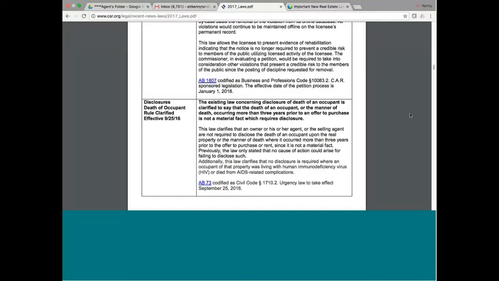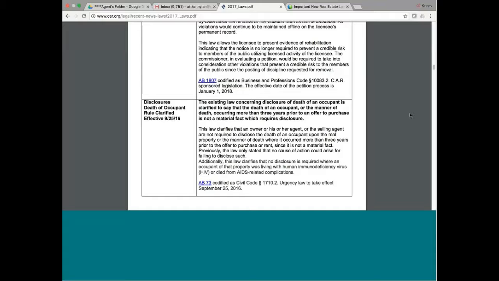And the reason why you could not be sued is because it is not a material fact. It is absolutely clear. Whereas previously, nobody knows why the law says you could not be sued. We can kind of imply why. The reason you could not be sued previously for not disclosing death that is greater than 3 years is because it's not a material fact. But before, it wasn't explicit. Now it's very explicit. That is not a material fact.